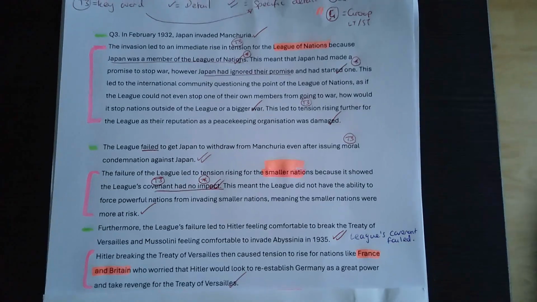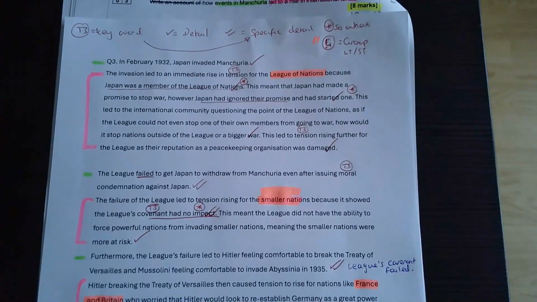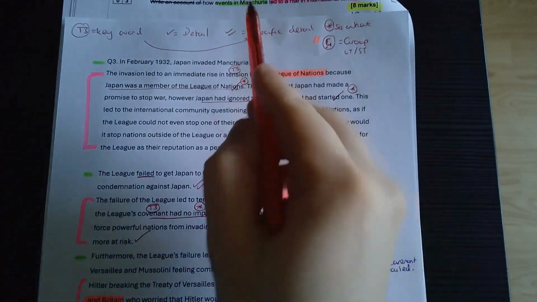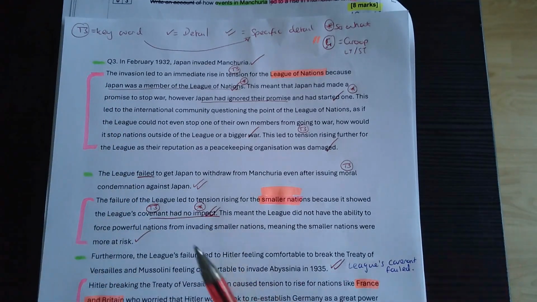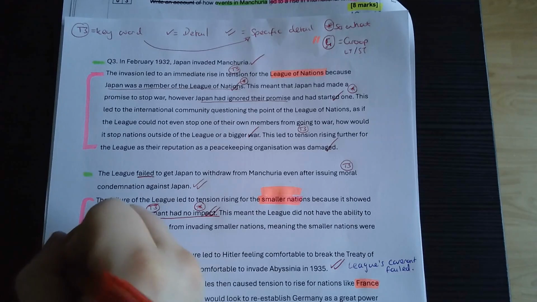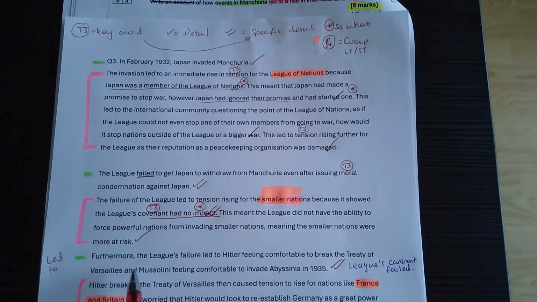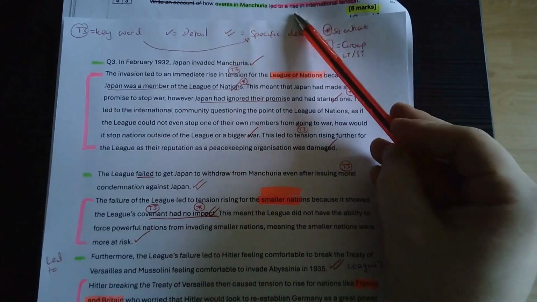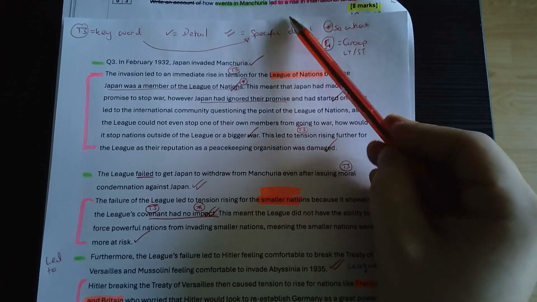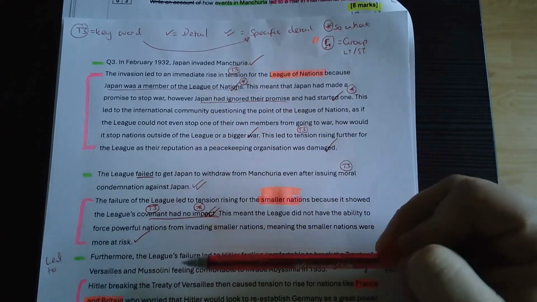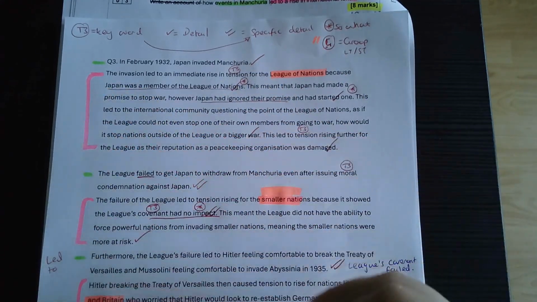So if we look at our success criteria, does it talk about events in Manchuria throughout? Yes, it does. Or what events in Manchuria led to. So this is what it led to, the event in Manchuria. Does it talk about in each one it leading to a rise in international tension? Yes, it does. And we can see that through the pink.